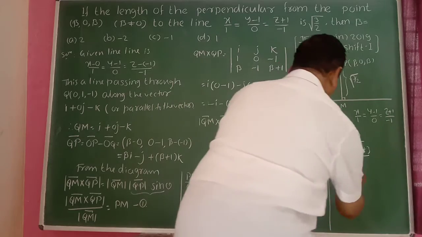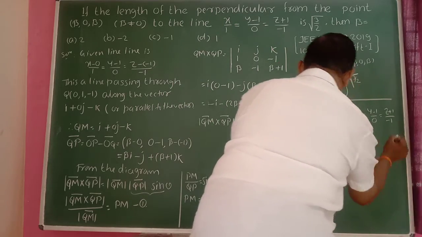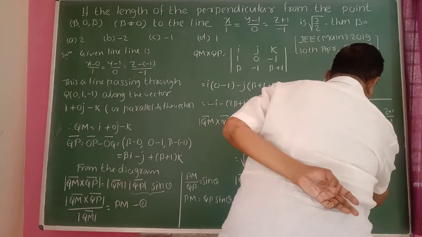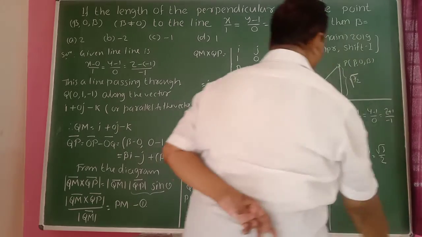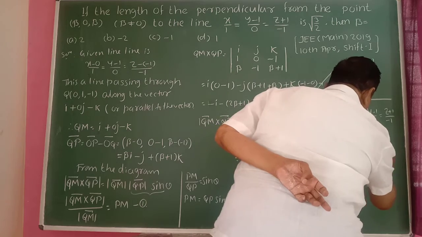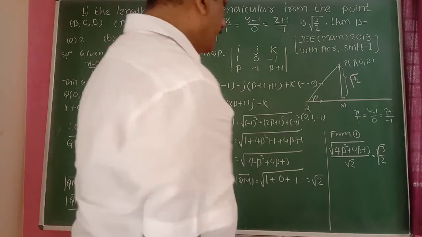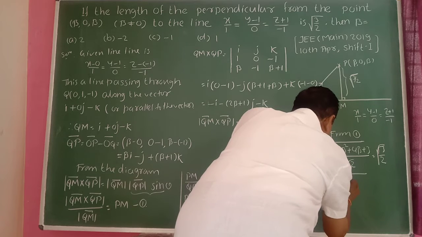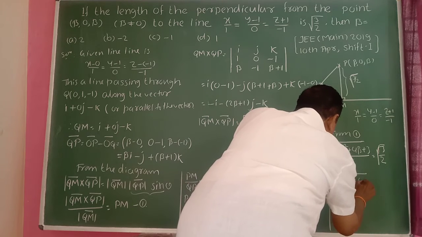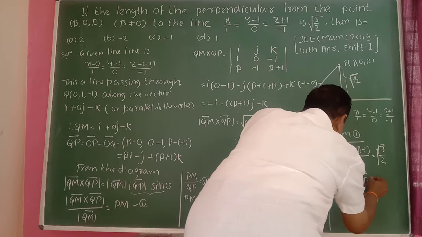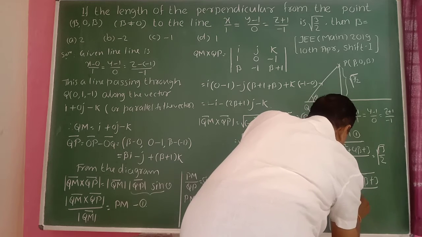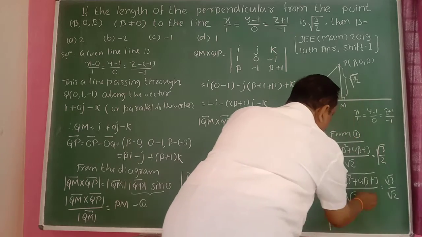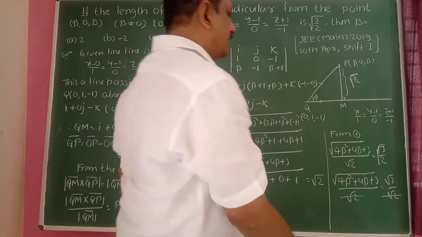Modulus of QM is root 2, and PM is root 3 by 2. Therefore, root of 4 beta square plus 4 beta plus 3 divided by root 2 is equal to root 3 upon root 2. Root 2 and root 2 cancel here.